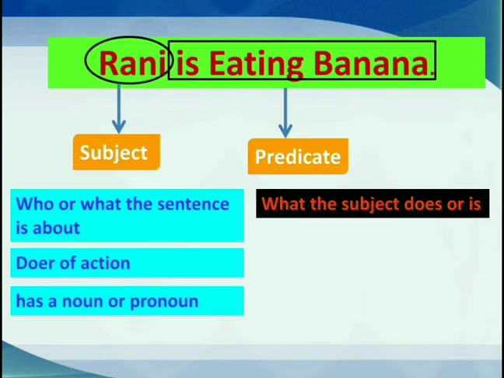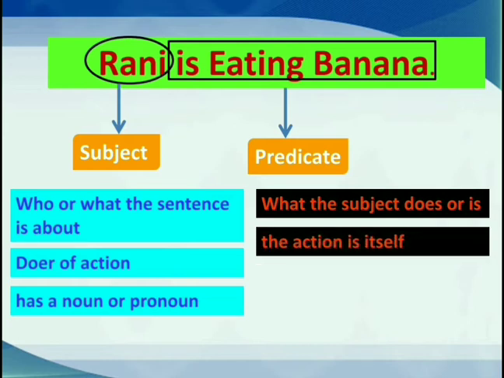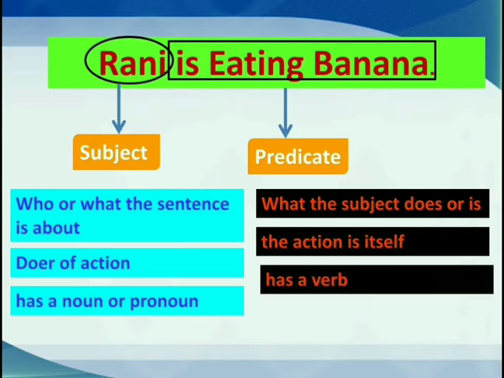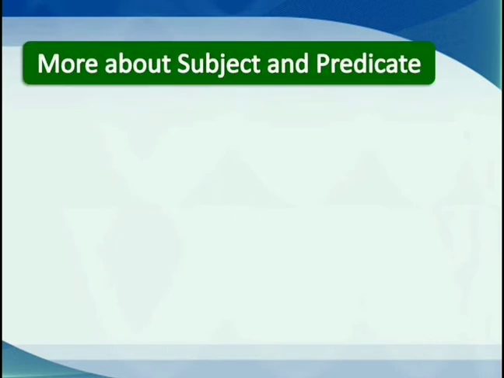And when we say predicate, it tells what the subject does or is, or what the subject has done. Predicate will give us an idea about it. The action is itself there, because we are able to understand that in is eating banana, an action is performed. It has a verb. So with this we are able to clear our doubt about subject and predicate.